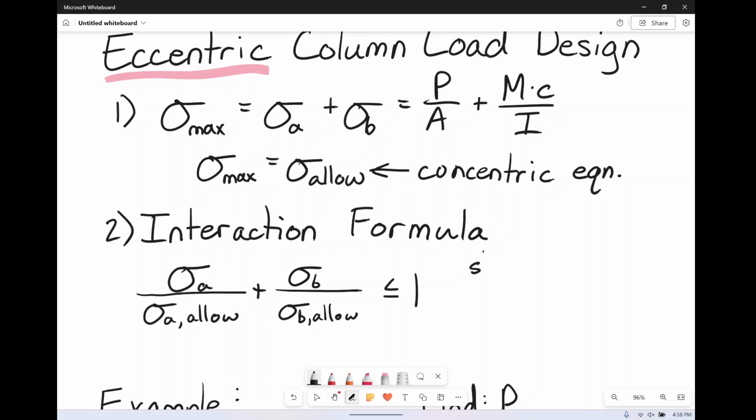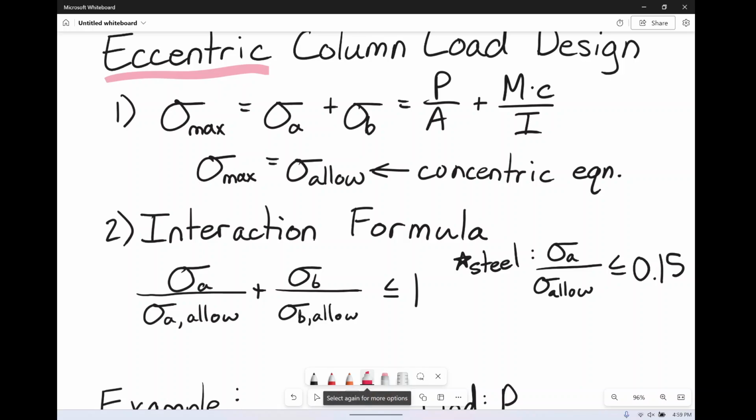And if it's specifically steel columns, then they have another requirement as well, and that is that the first part of that equation, the axial term, has to be less than or equal to 0.15. So just an additional piece for steel.